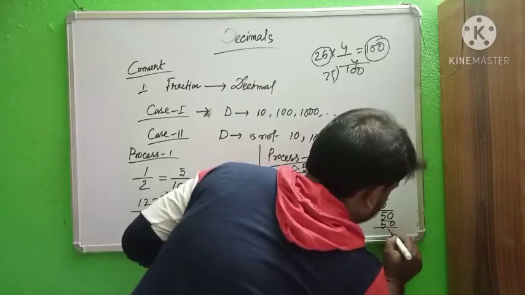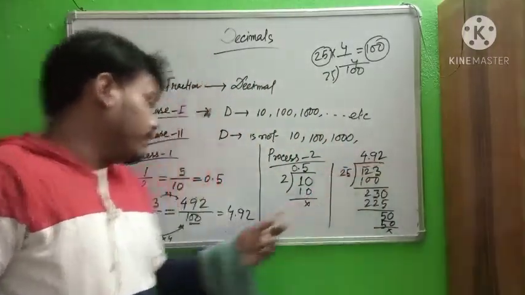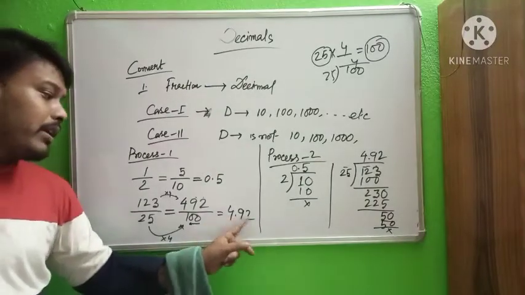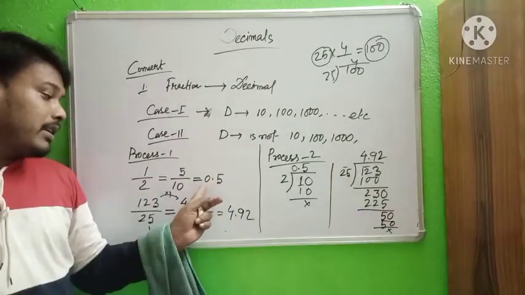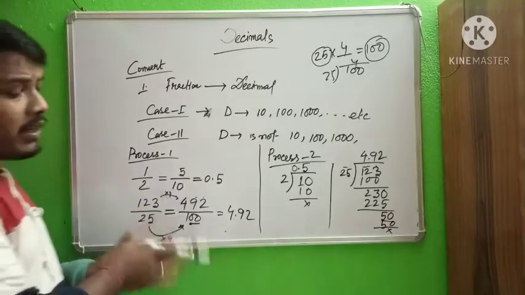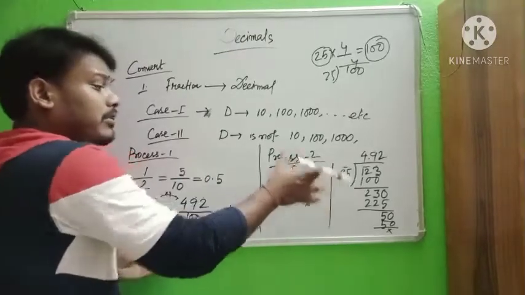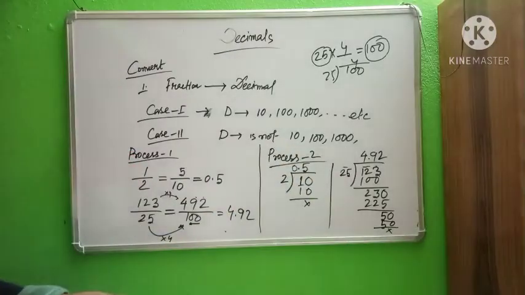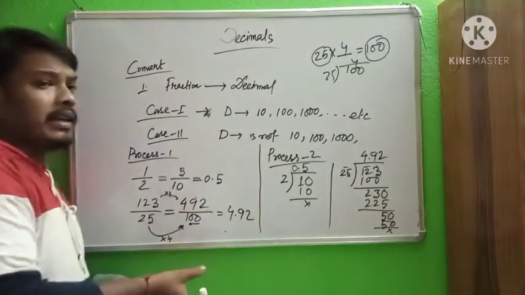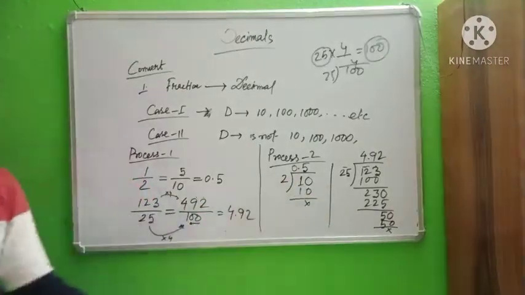What is the result? The result is 4.92. Here also 4.92 is the result. In the first case 0.5 is the result. So you can use any process, but this process is not given in the book. I think in class 5, in lower class, this process is not given, but you can do it in this process also.